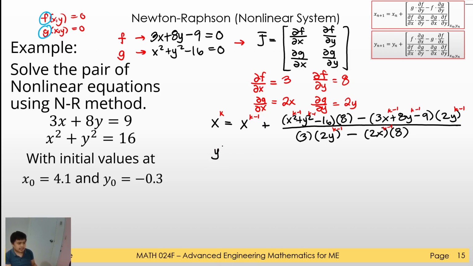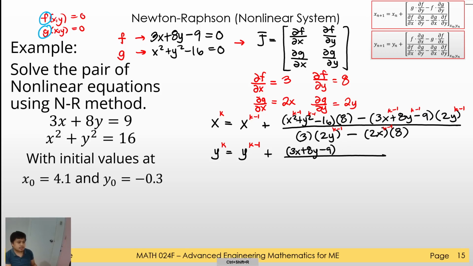And then for the y variable, the iteration function, the present value of y will be the previous value of y plus this. So we have this formula, with f being 3x plus 8y minus 9.